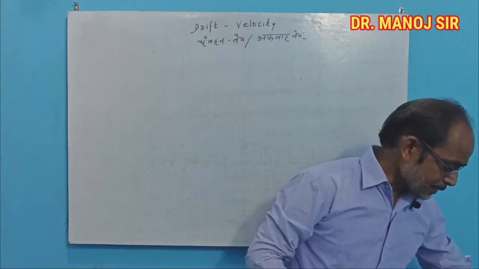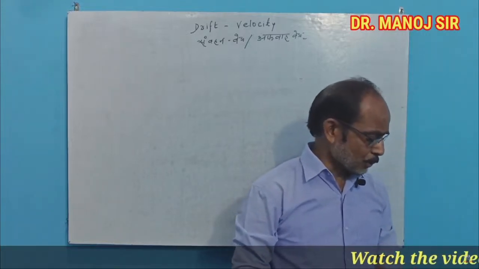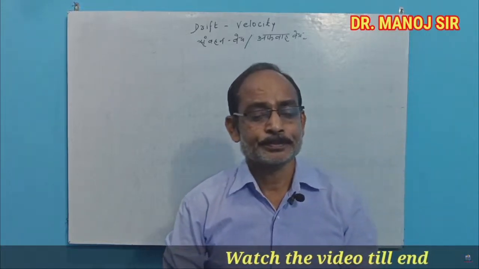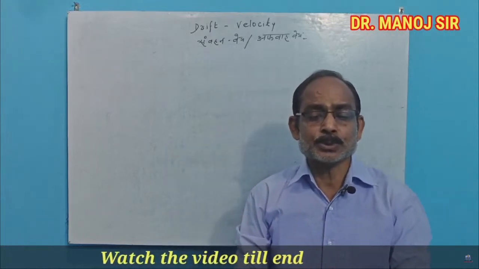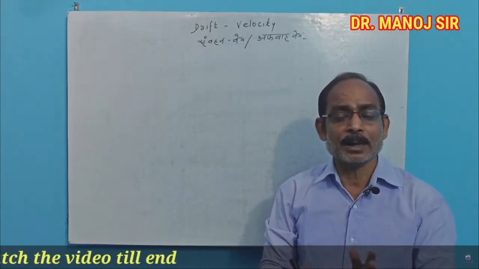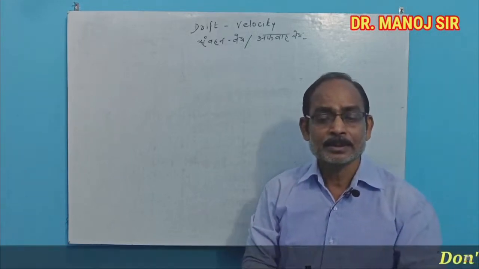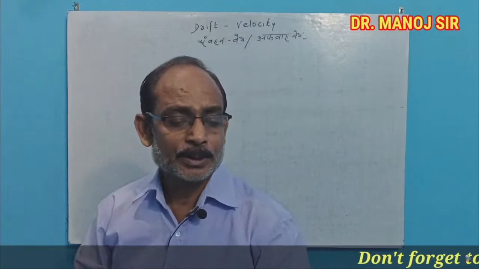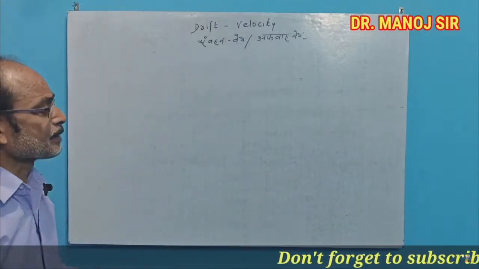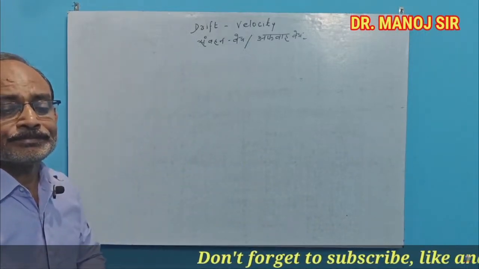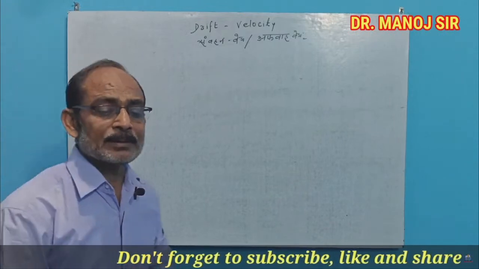मीन्स जब किसी चालक के छोरों पर विभवांतर आरोपित होता है, पोटेंशियल आरोपित होता है, तब चालक पर विद्युत क्षेत्र कार्य करने लगती है.